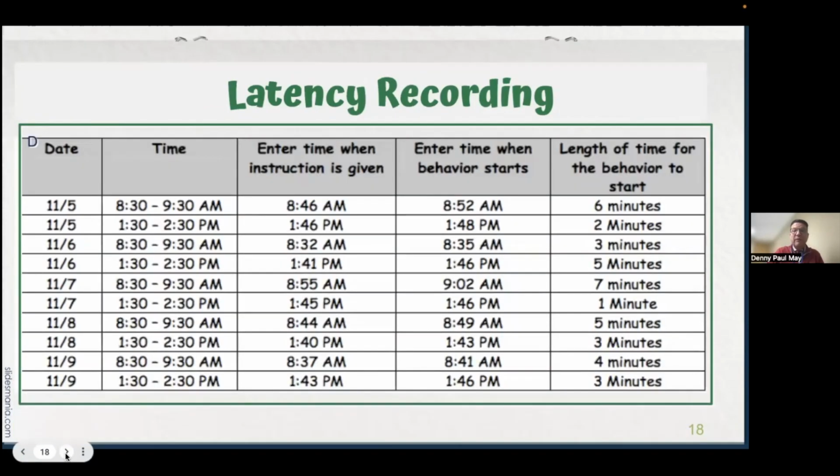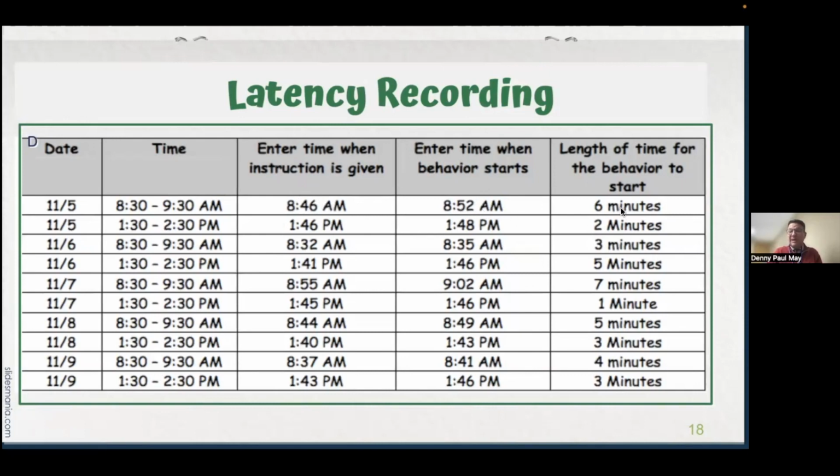Here's one that's filled out for you. So you can see what we're getting to here is that behavior is lasting 6 minutes in that very top line from 8:30 to 9:30, and you enter the time when the instruction is given, 8:46, and when the behavior started and how long it lasted. So that's what we're talking about with a latency recording. We gave instructions to start at 8:46, but the student didn't get started until 8:52.